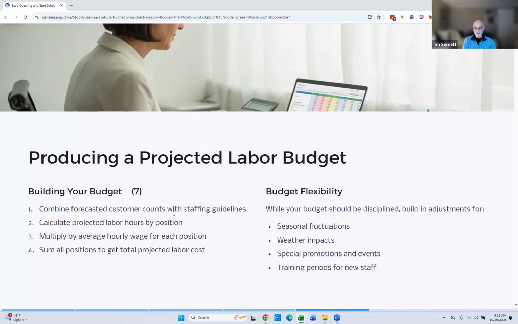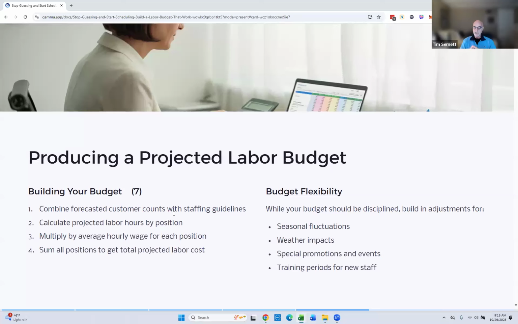You just need to factor in all those details of weather, seasonal fluctuations, special promotions, or events in your neighborhood, training periods for new staff, so your budget matches what you're projecting for the next week. And then you can also start to build templates.